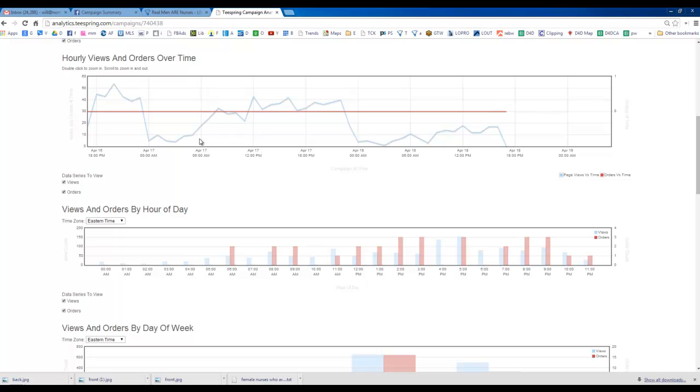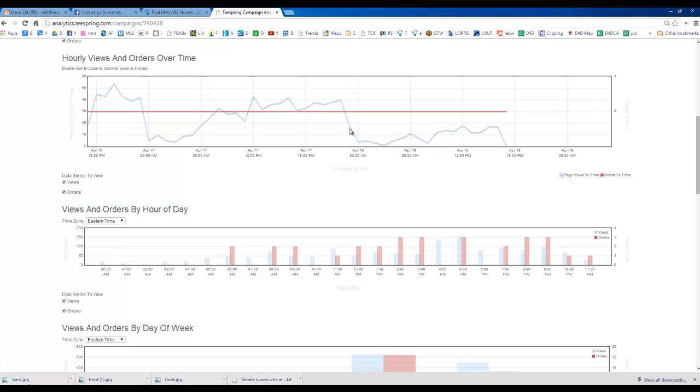Views by time of day: you can see there's a big boost right around 6 to 7 a.m. through to 11 p.m. It really drops off at midnight.